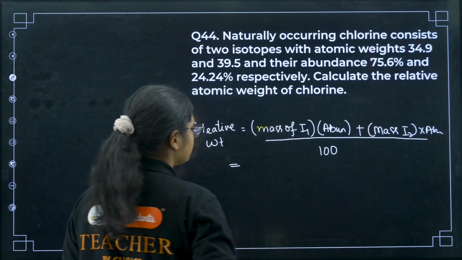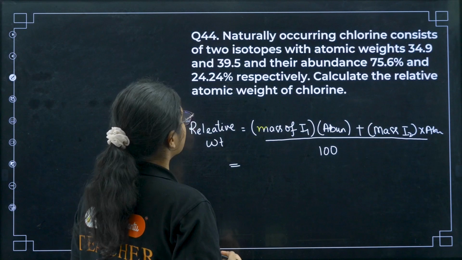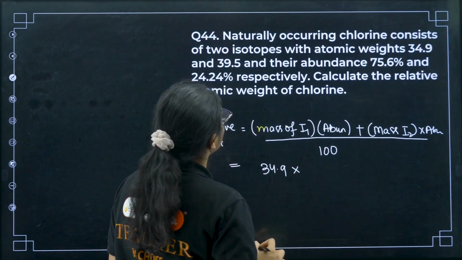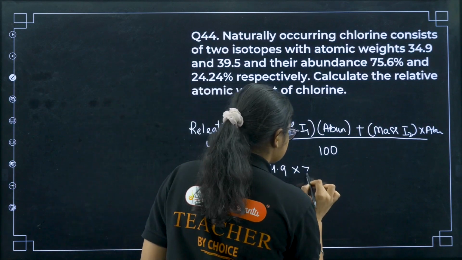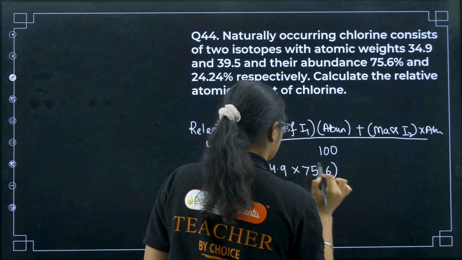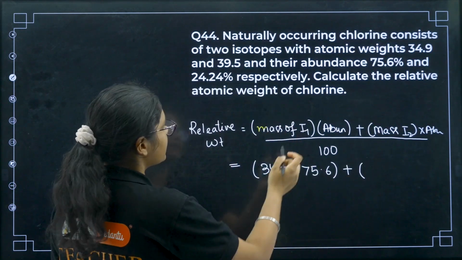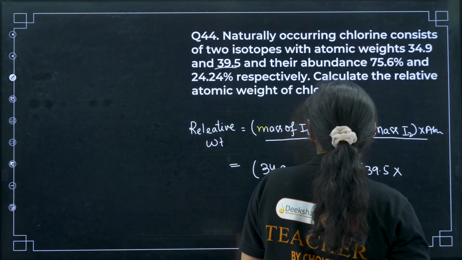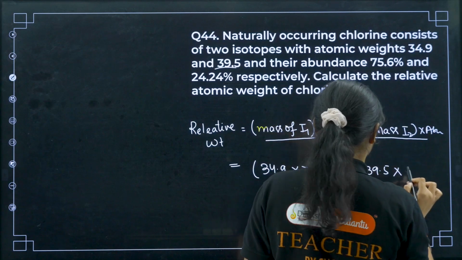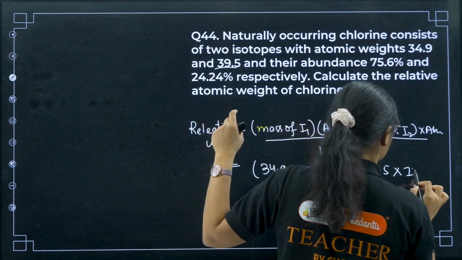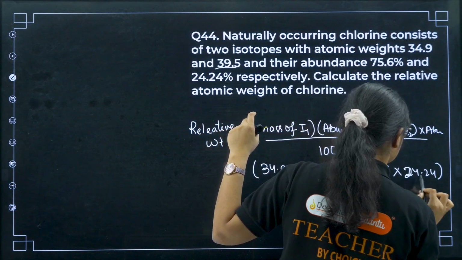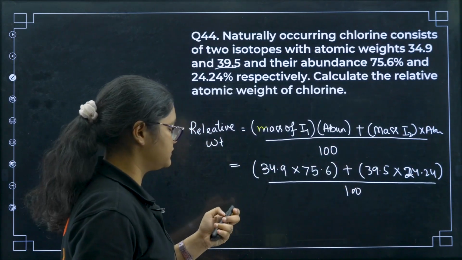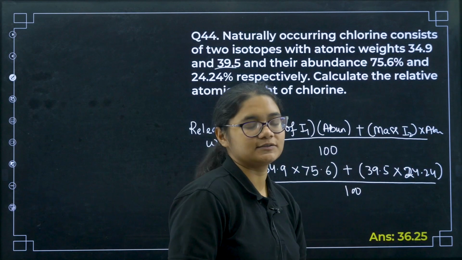So isotope 1 is 34.9 into 75.76, you will have a calculator so you can easily do this calculation. Then 39.5 into 24.24, divided by 100. If you solve this, you will get the relative atomic mass, which is around 36.25.